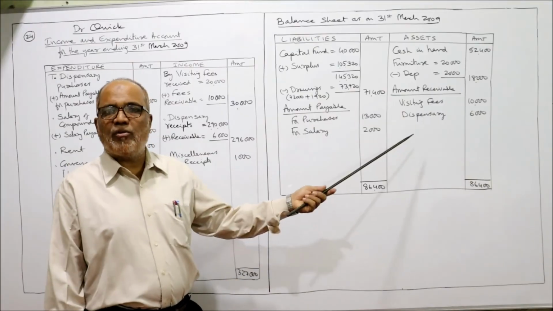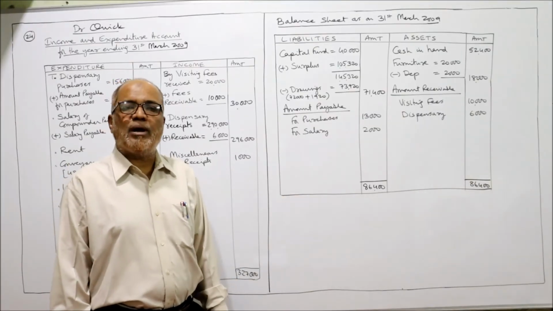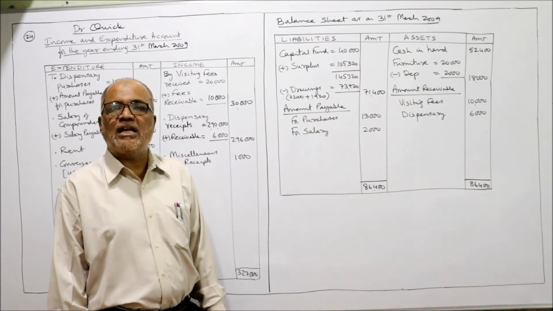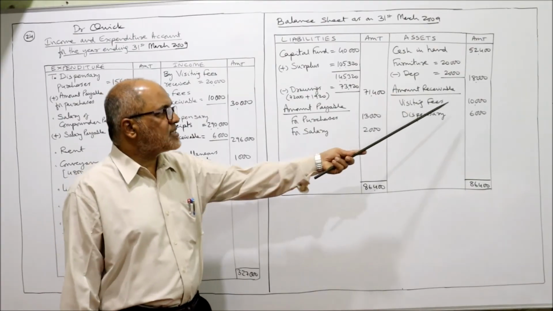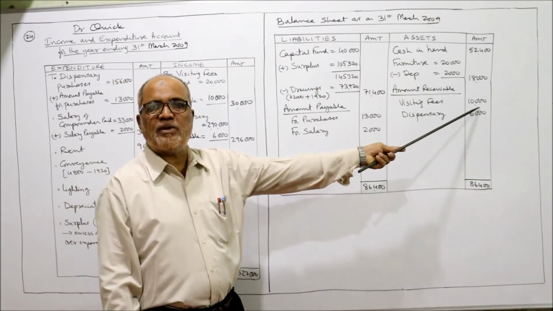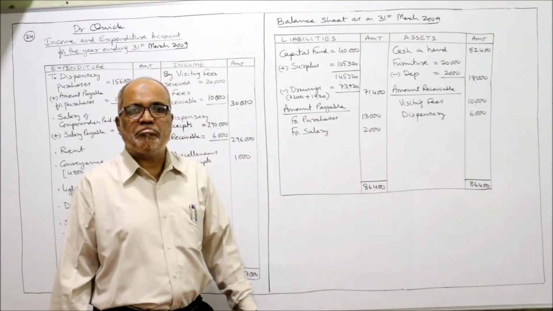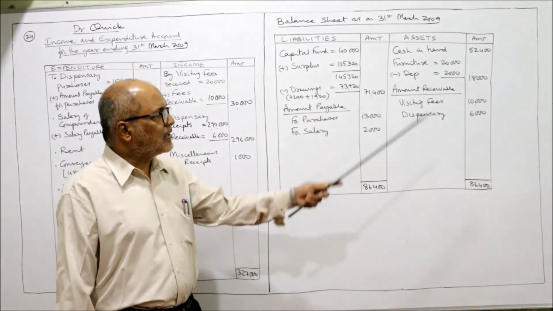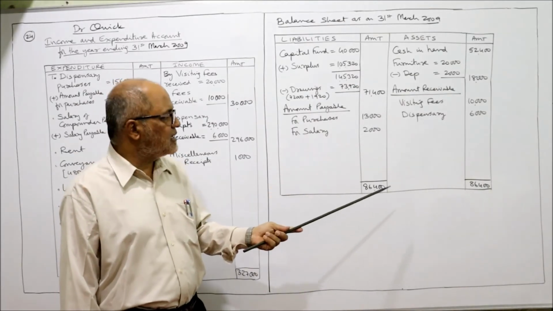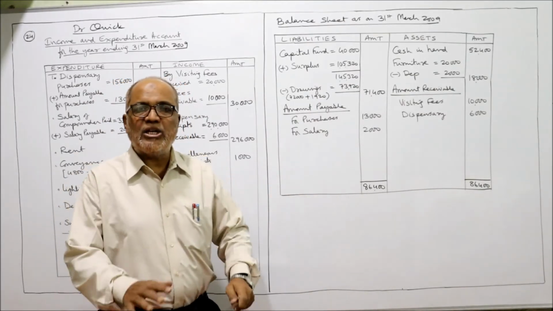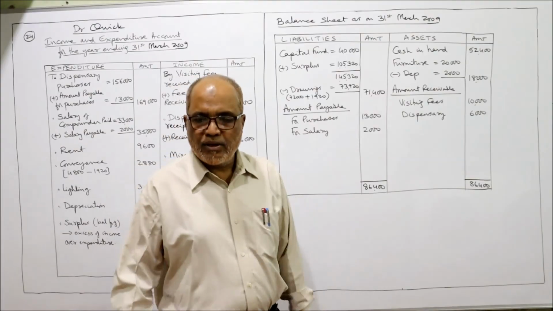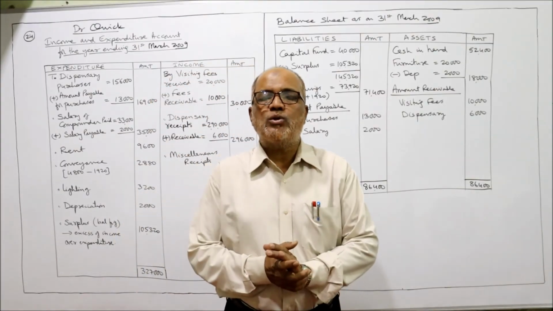Some amount is receivable on visiting fees and some on dispensary receipts. So visiting fees 10,000 is receivable given in the adjustment. And dispensary receipts receivable amount is 6,000. That's all. Now find the total on the assets and liability side, 86,400, balance sheet tallied. So this is the end of problem number 24.